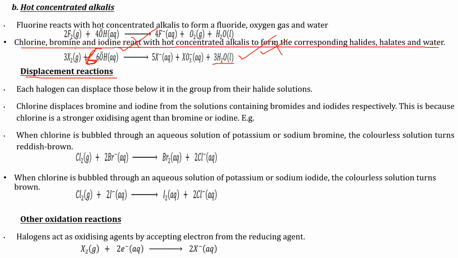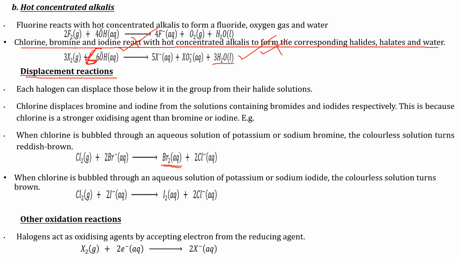So we expect that in a solution, if we bubble a greenish yellow gas into a solution having an ion of bromine, which is a bromide ion, we expect chlorine gas to oxidize it to its stable state.